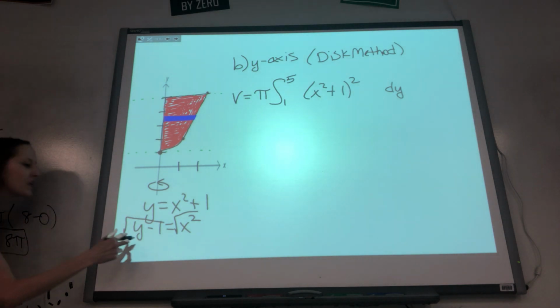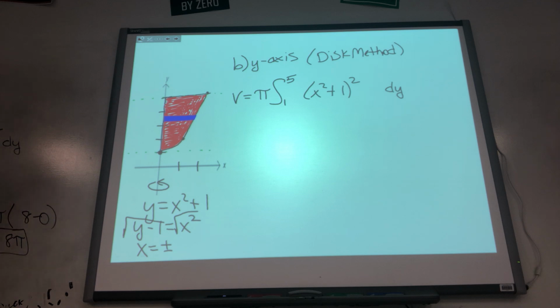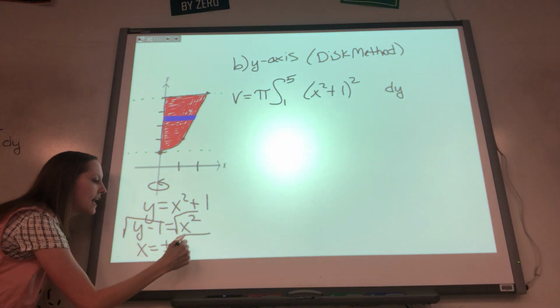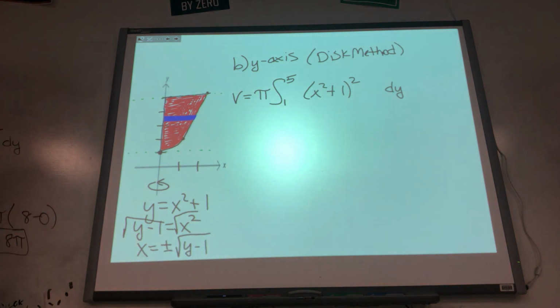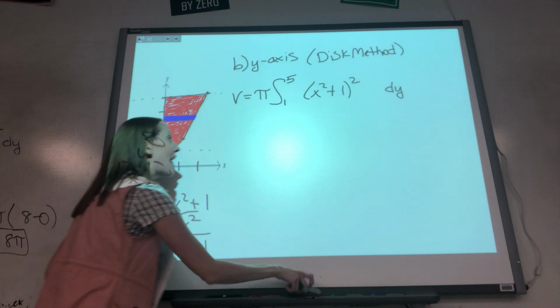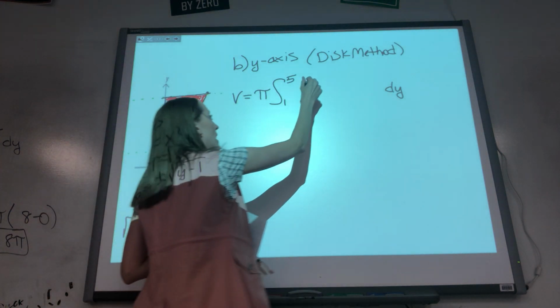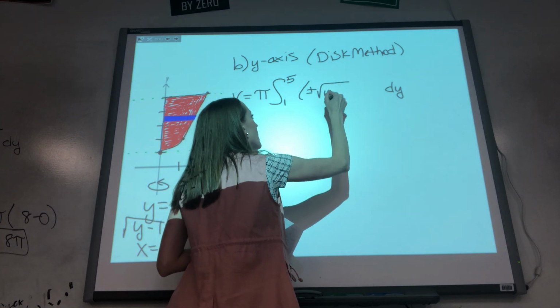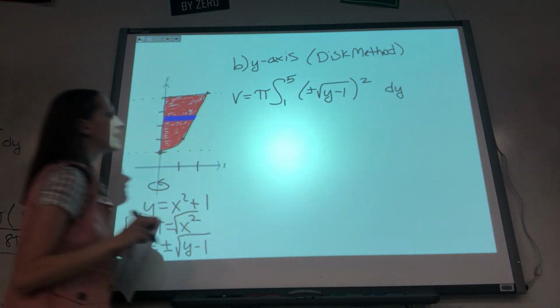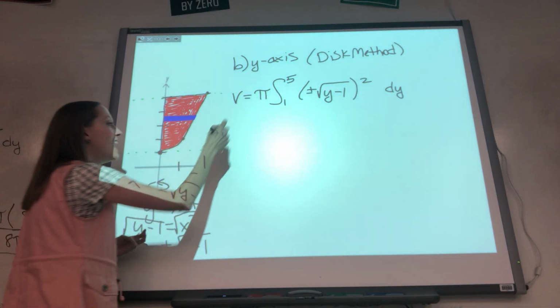My square root got a little crooked there, but don't forget, technically we need plus or minus. We're going to say x equals plus or minus square root of y minus 1. That is the function that's going to be squared. Plus or minus square root of y minus 1. You can't put in something with x's if you're integrating with respect to y.